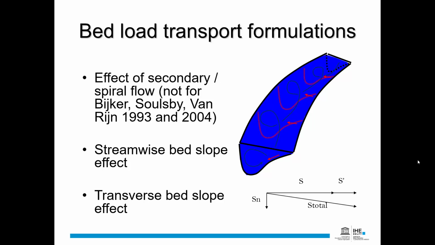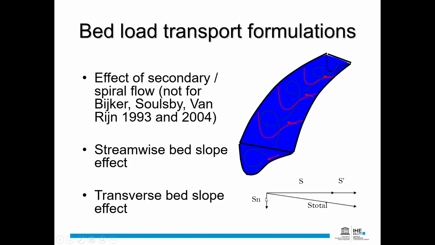But to include the effect of these slopes, Delft 3D adds two sort of multiplications or coefficients to the sediment transport. One along the canal, and the other one is in the transverse direction of the canal.